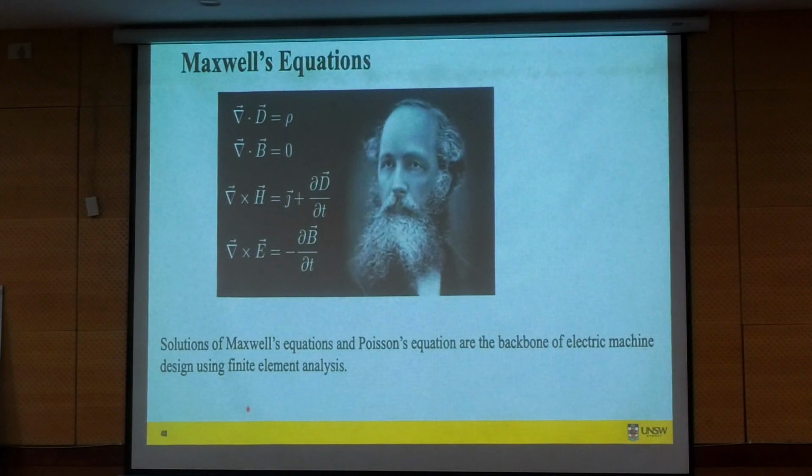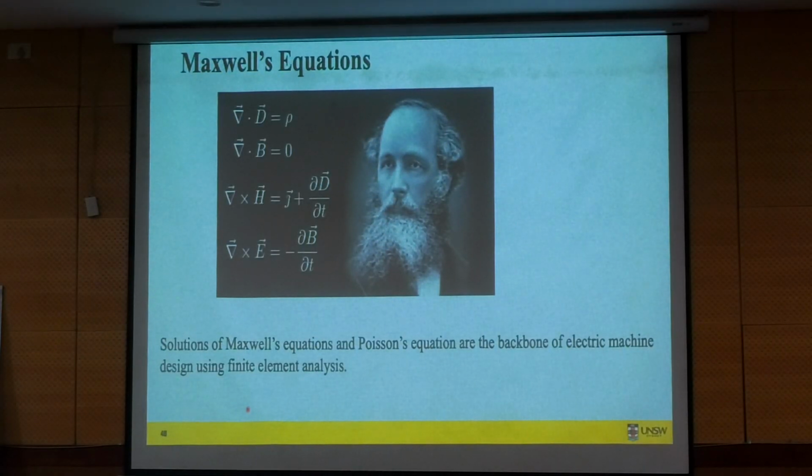Then the other equations are Maxwell's equations, the four Maxwell's equations. The first one is related to electrostatics. The second one is magnetics. The third one is also magnetics. And the last one relates electrostatics with magnetics to give us electromagnetics.